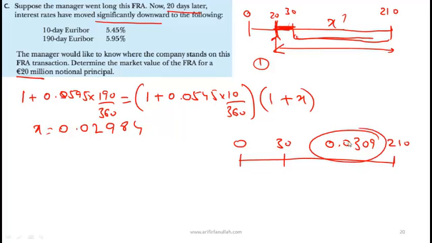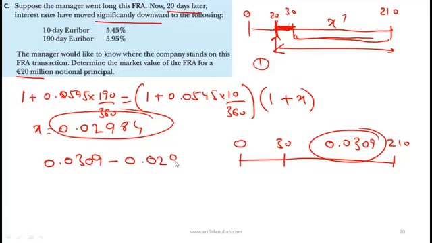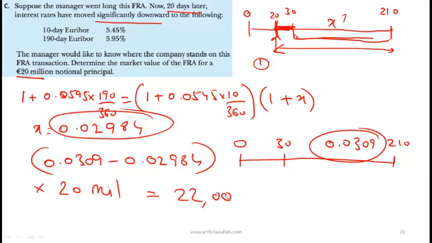That was the rate before. Now that we've moved forward, the 180-day rate is this. If you take the difference between 0.0309 and 0.02984 and multiply it by the notional principal, the amount you get is 22,000. This 22,000 is now the value of the forward contract.